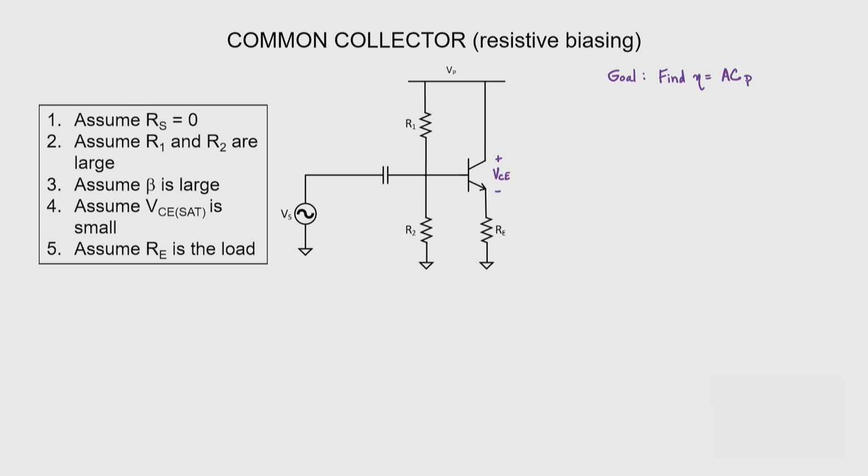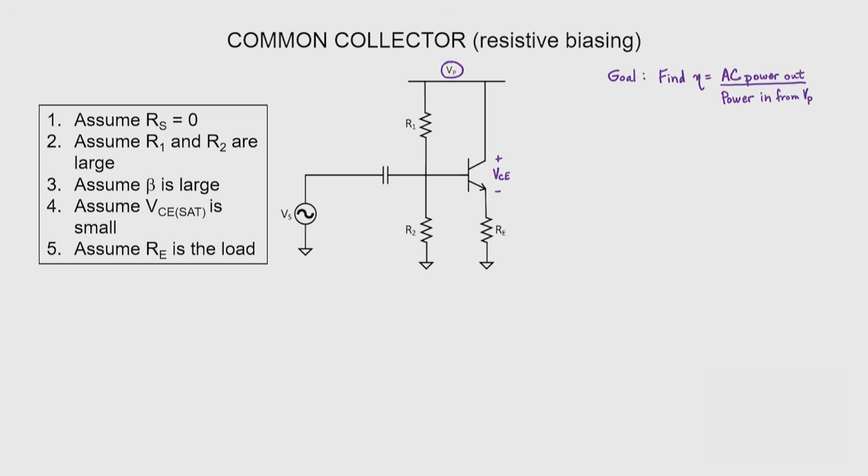So our efficiency is going to be the AC power going out, and we're going to divide it by the power coming from our power supply. Because beta is large, we can assume that all of the power driving the load resistor ought to be coming from V sub P and not from our signal. So I'm going to basically neglect anything that comes from our small signal.